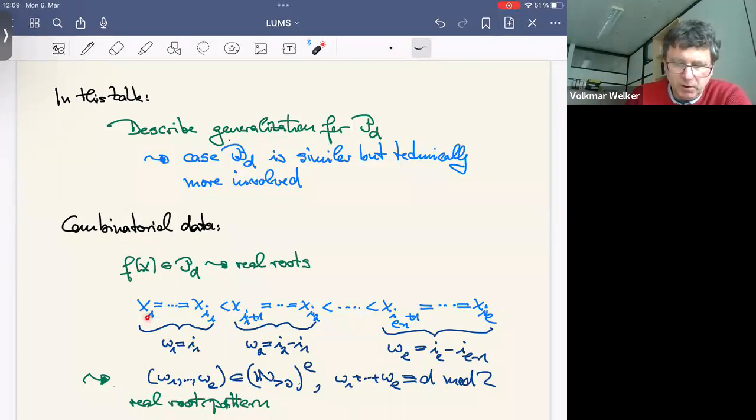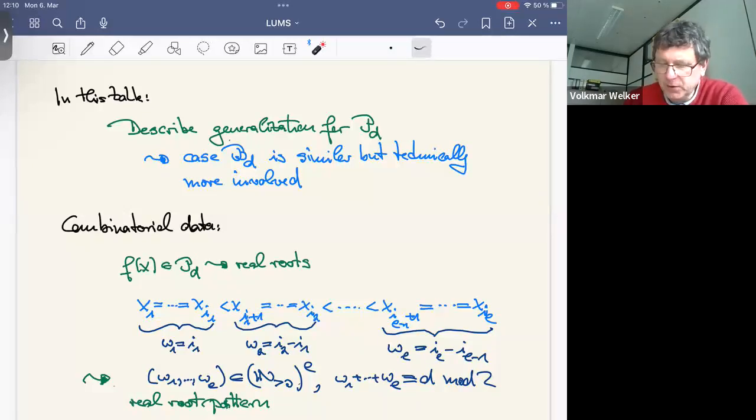So we have the smallest real root, we call that x1, and this appears with a certain multiplicity, I1. Then there comes the (I1 plus first) real root, and that's actually bigger than the first I1 roots. And then they're equal up to I2. And then I2 minus I1 is the multiplicity of the second largest real root.